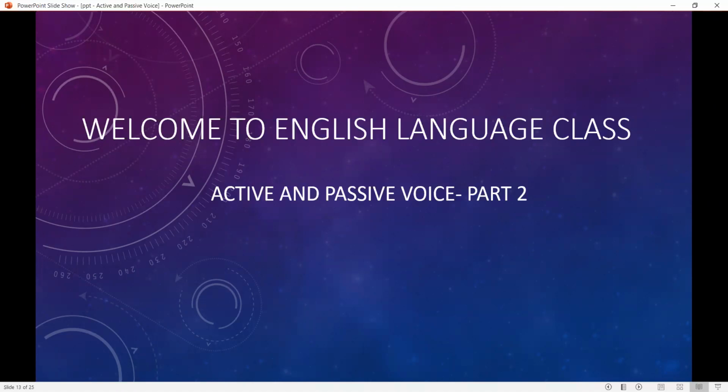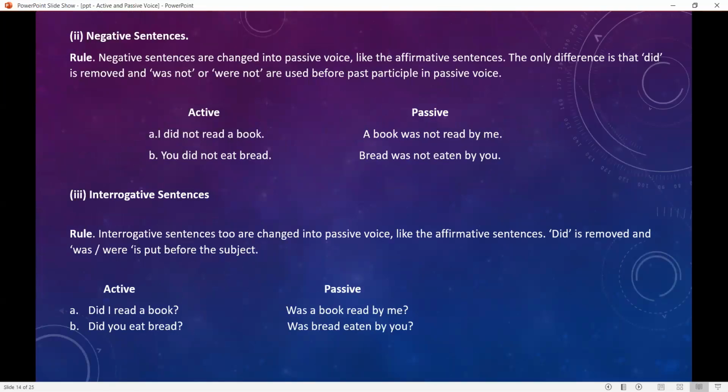Let's move on to the next slide and see what it tells us about active and passive in the negative sentences. So the negative sentences are changed into passive voice like the affirmative sentences. The only difference is that did is removed and was or were not are used before the past participle in passive voice.